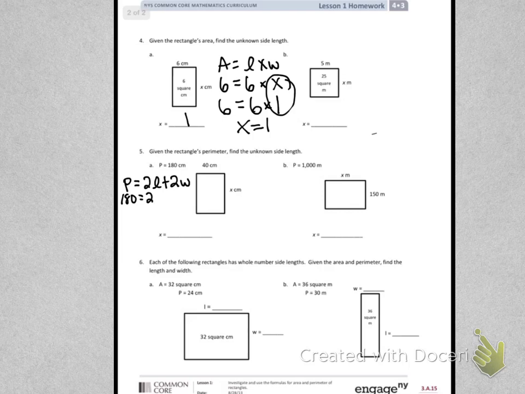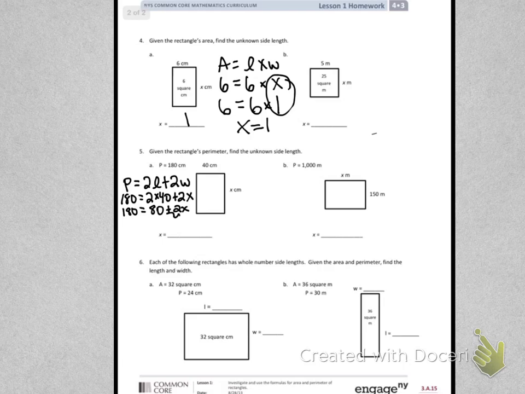We know that the length is 40 centimeters, times 2, plus 2 times the width. I don't know the width. In fact, they're giving us the width to be X. So let's go ahead and clean up this problem and see what we know. We know that 180 equals 2 times 40, which is 80, plus 2 times X. I'm going to ask myself, 180 equals 80 plus what value?